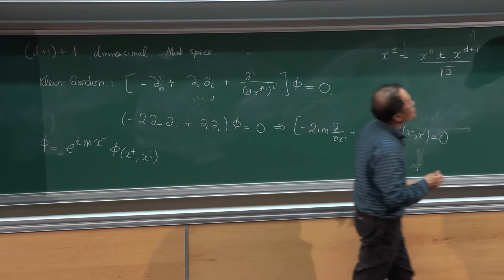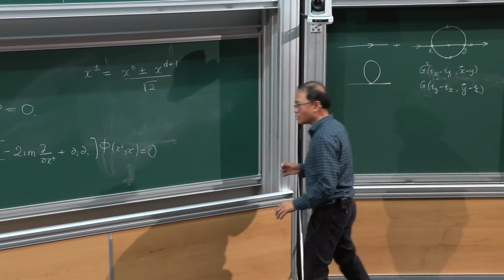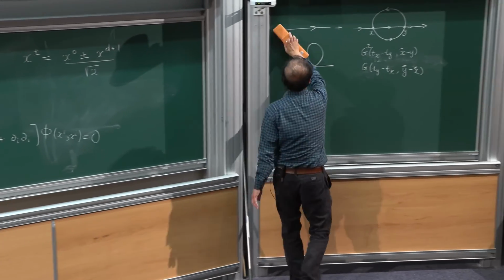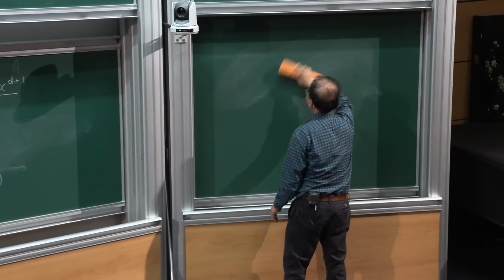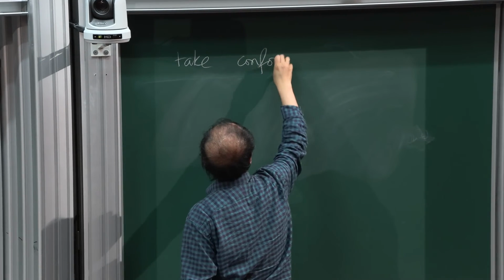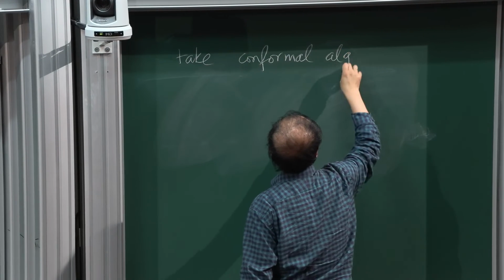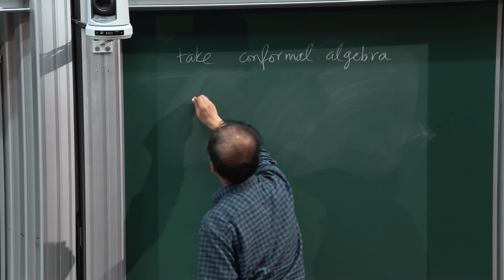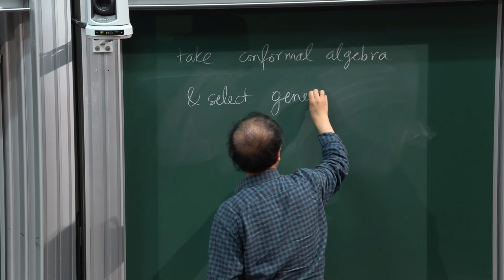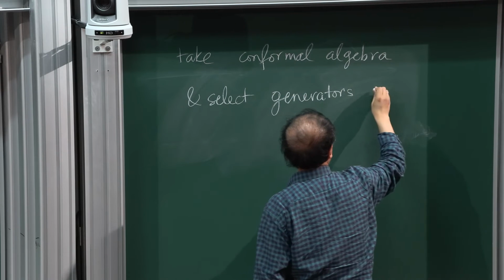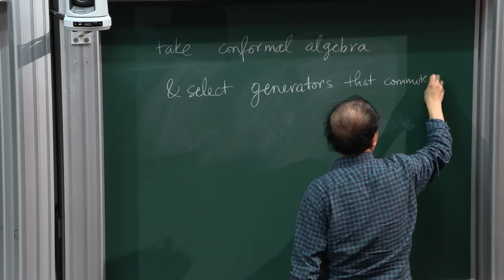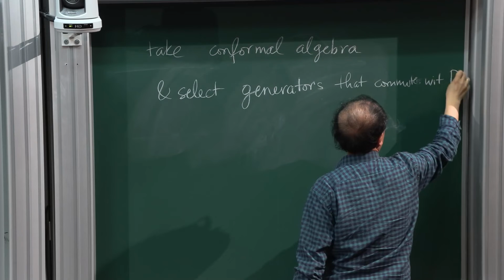The operation is to take this conformal algebra and select the generators that commute with one light cone momentum, say p^+.